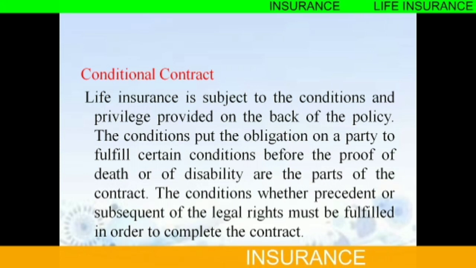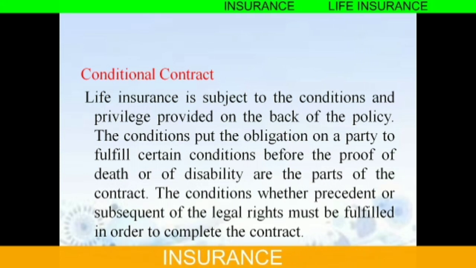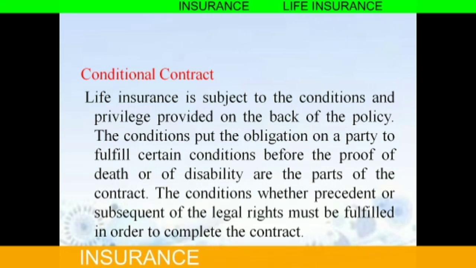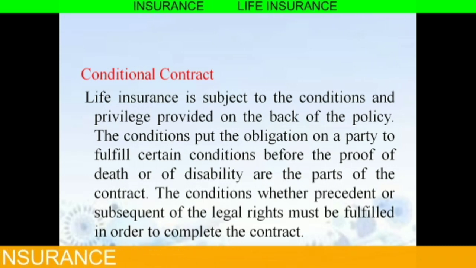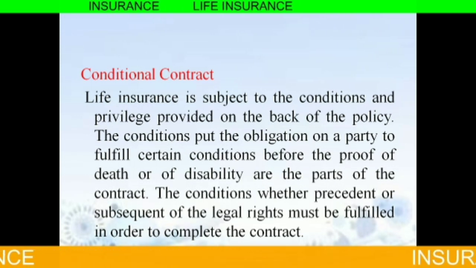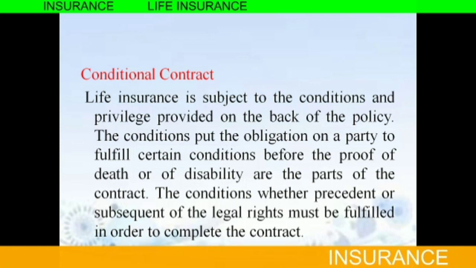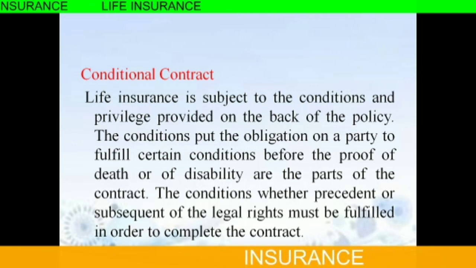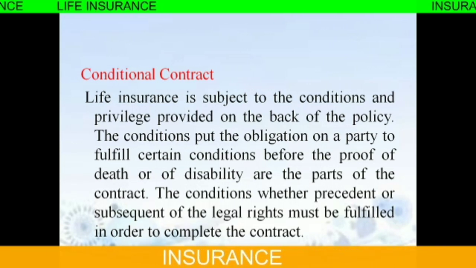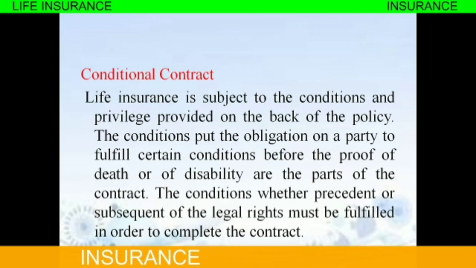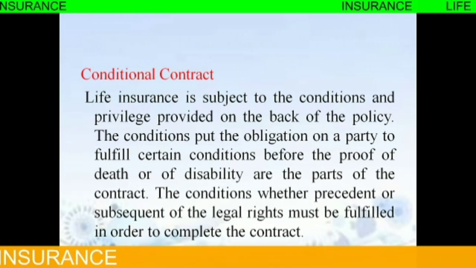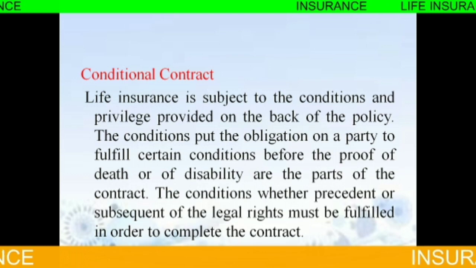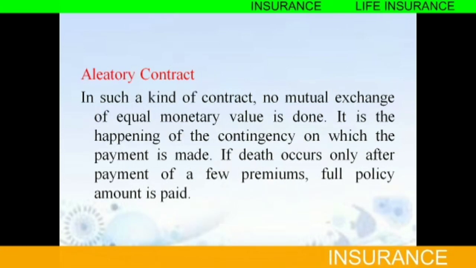The conditions, whether precedent or subsequent, of the legal right, must be fulfilled in order to complete the contract. So that is also the third important thing. It is a conditional contract because the terms and conditions regarding that particular policy will be mentioned here.